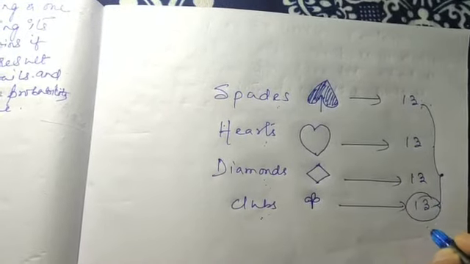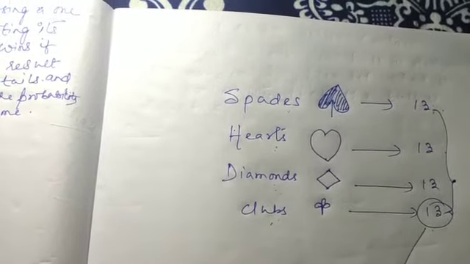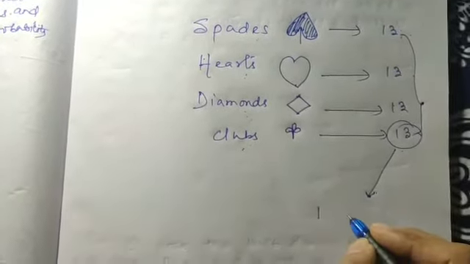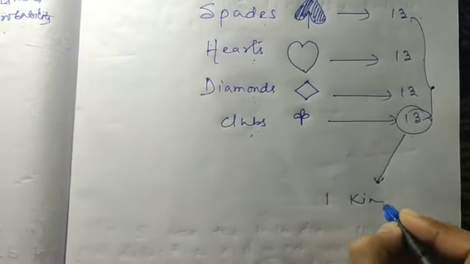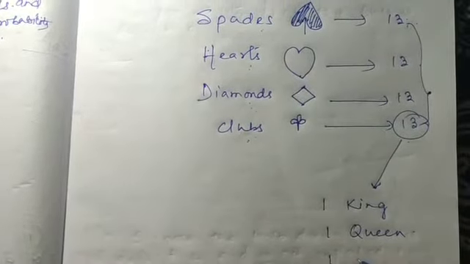In every category of 13 pieces of cards, there is 1 king, 1 queen, 1 jack.